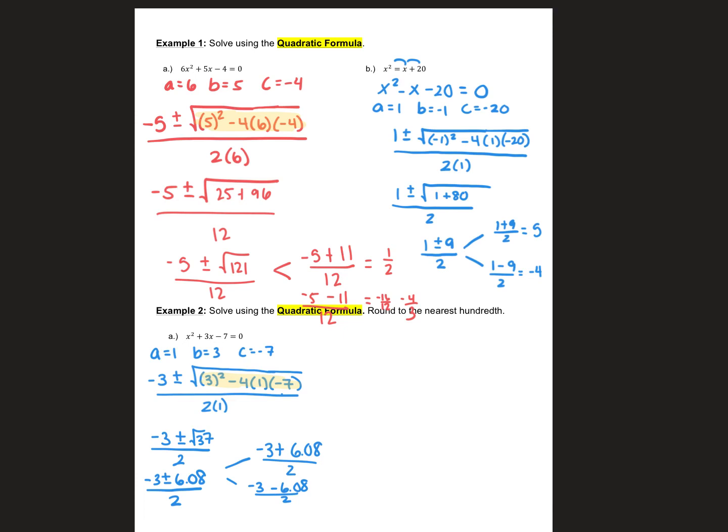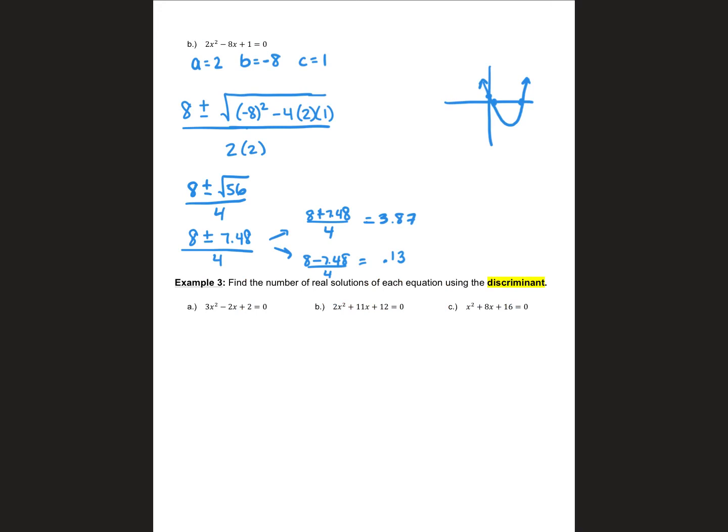And then when you calculate those, you get 1.54 and -4.54. Due to time constraints, I had to just put the answer for example 2B. If you want to pause the video, you can, and write all of that down or try that yourself and see if you get the answer.